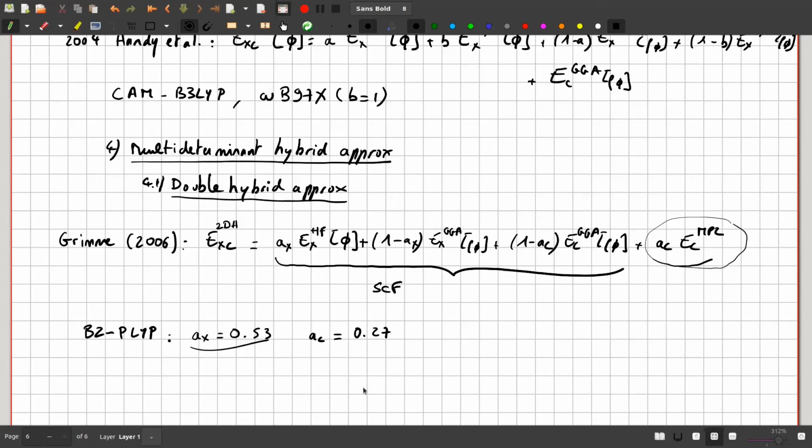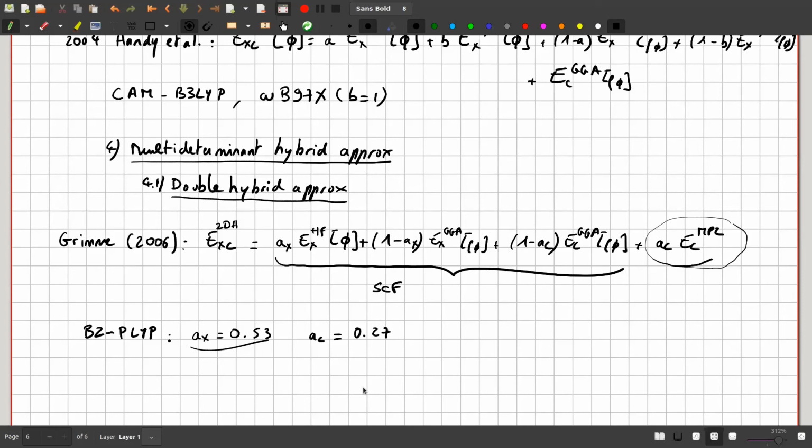But in practice, something that is more flexible would be a mu that adapts to each system, and it has been proposed. Or even better, would be to have a mu that is a function of the density, which depends on r. But the problem with that is that it's more complicated to implement, but there is interest in developing such approximations.